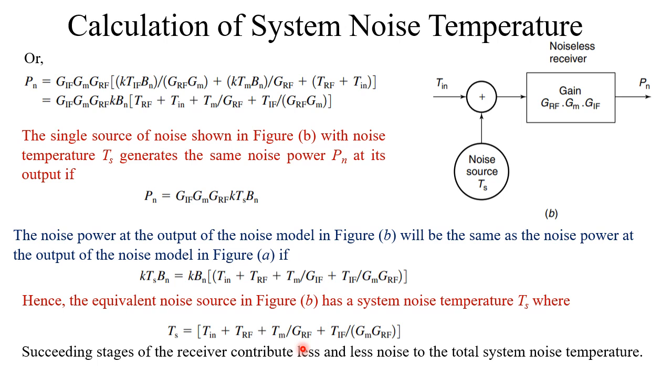So if we maintain this idea in our design, that GRF must be very high and TRF must be very low, then the overall contribution of noise for that particular receiver would be minimum. Okay, so the first stage of the receiver plays a very important, crucial role in receiver design. The subsequent stages contribute lesser and lesser as far as noise is concerned.